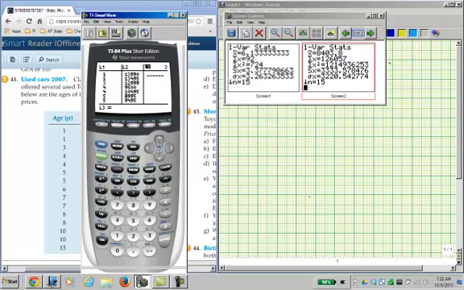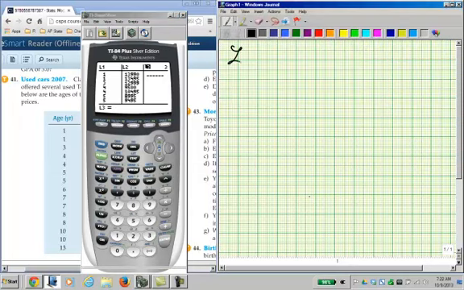Z equals X minus mu over sigma. And in this case, Z sub X sub I, in other words, the Z score for each X coordinate, is going to equal X sub I minus X bar over the standard deviation of X. And I'm going to do the same thing for the Y variables.